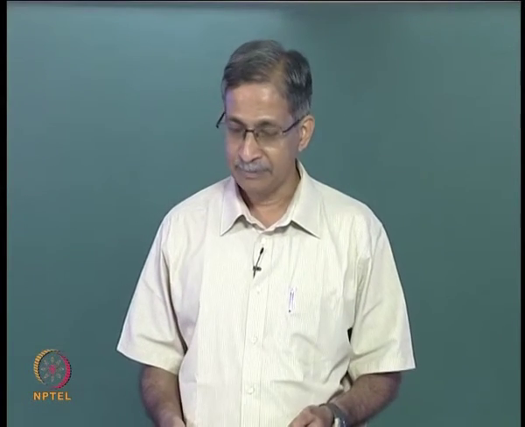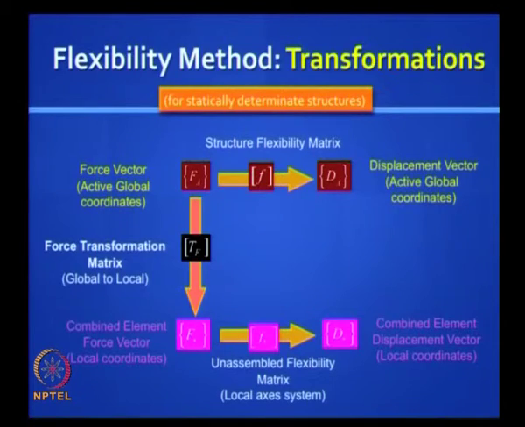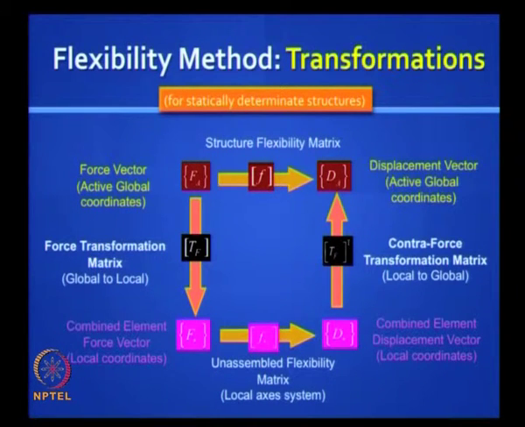through a matrix called the force transformation matrix, and the contragradient principle tells us that TF transpose gives us a relationship that simultaneously establishes compatibility: from the displacements at the element level, you get the displacement at the structure level.